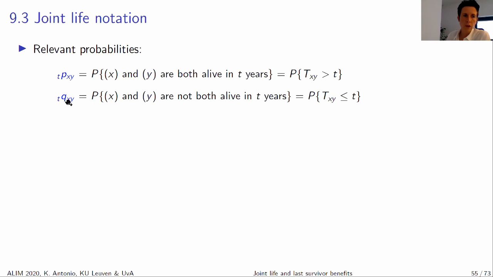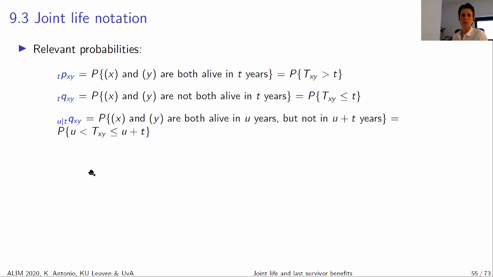If I look at the tqxy, that's of course the complement. That means the probability that X and Y are not both alive in t years from now. So one of them could die within t years, or they both could die within t years from now. So it's the probability that this joint future lifetime is going to be less than or equal to t.